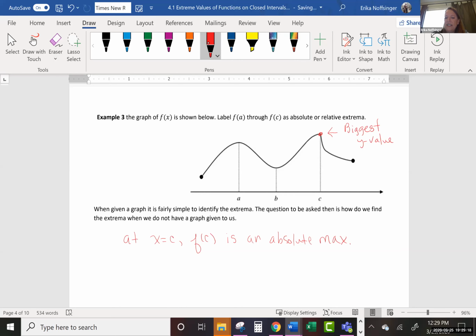If you look at f of a, we were looking at the interval between a and c. I know it just says label it.